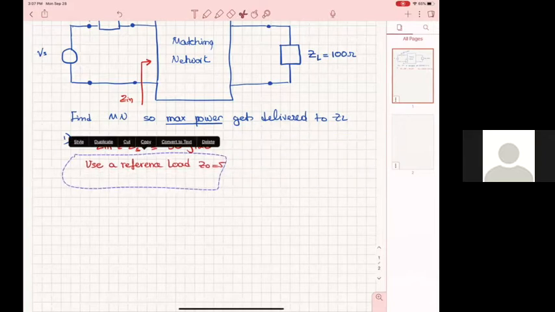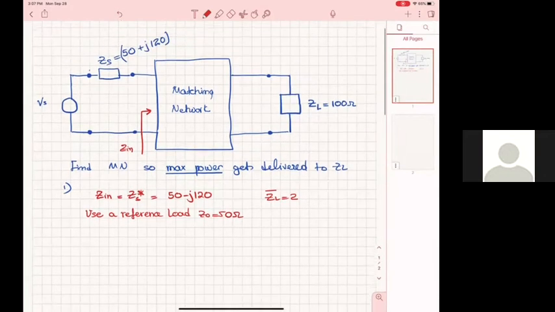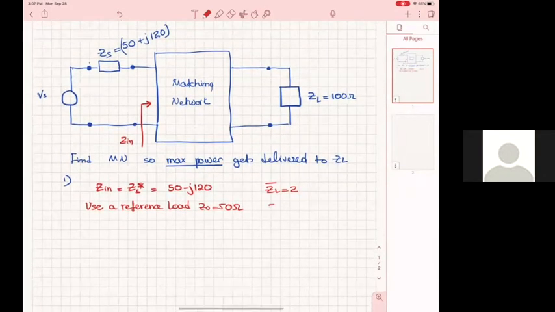Okay, so when you do that, everything gets normalized to this, which means your ZL normalized will be 2, and your ZS normalized will be 1 plus j2.4.